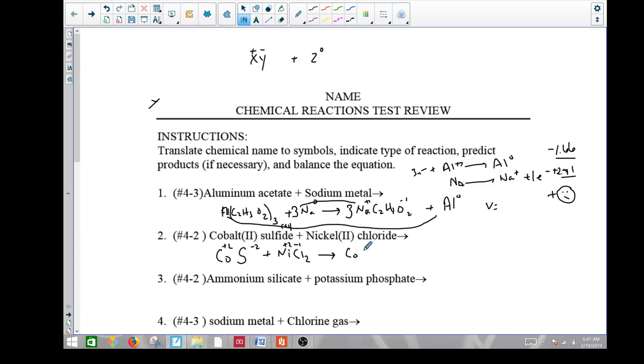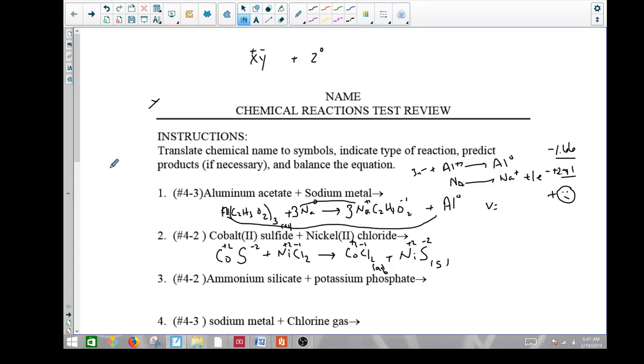Cobalt chloride, still +2 -1, plus nickel sulfide, which is a +2 -2. Now we need to check solubilities on these, and I'm not going to go through here how to check the solubilities. This one will be, I do believe, aqueous, and this one will be solid. If they're both aqueous, then this would be no reaction.